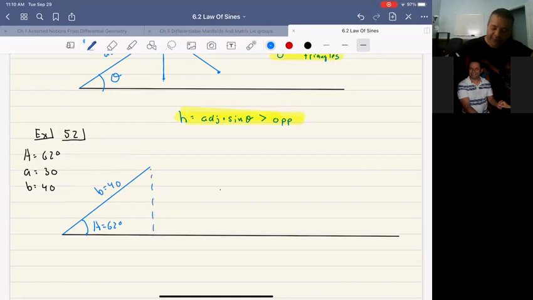What's my height? My height is 40 sine of 62 degrees, so that comes out to be 35.3. And so my a, which is 30, will never be long enough to block this pathway.